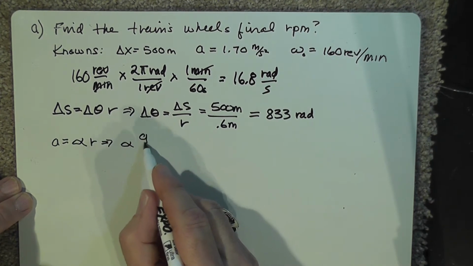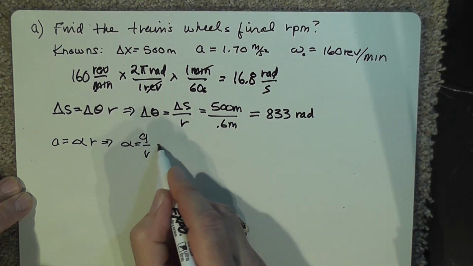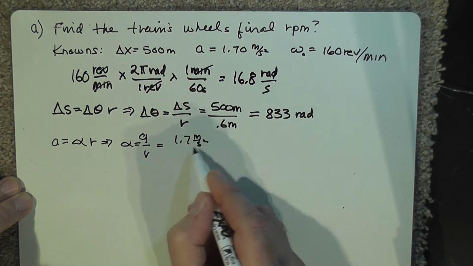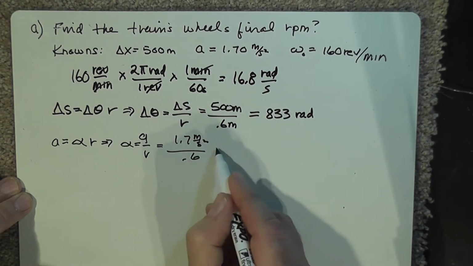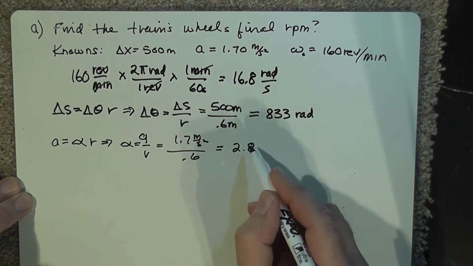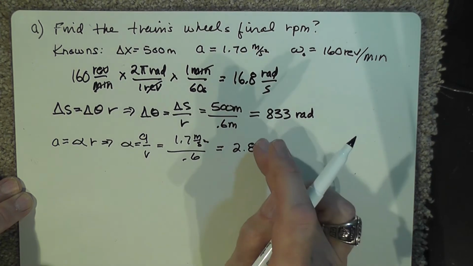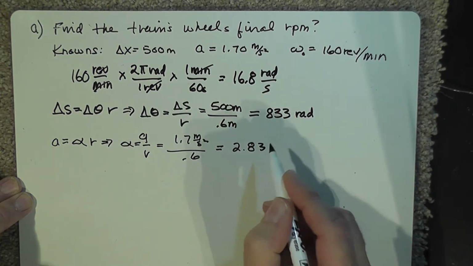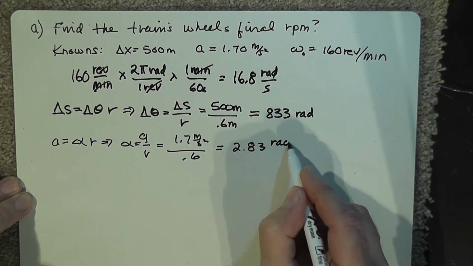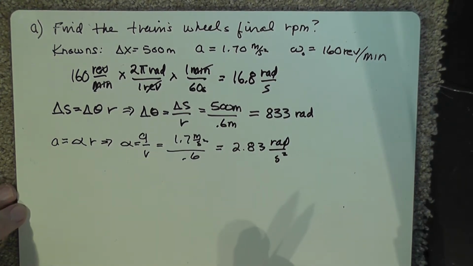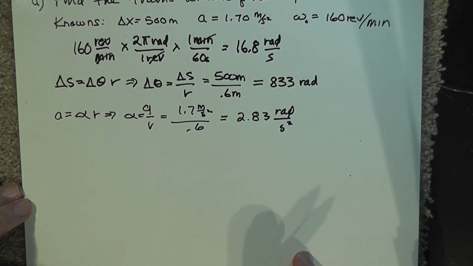Alpha equals acceleration divided by r, 1.7 meters per second squared divided by 0.6, and we get an angular acceleration of 2.83 rad per second squared. Okay, so now we're ready.